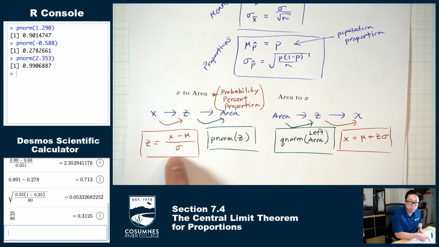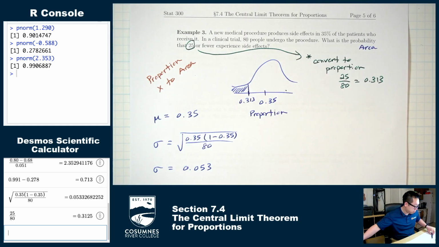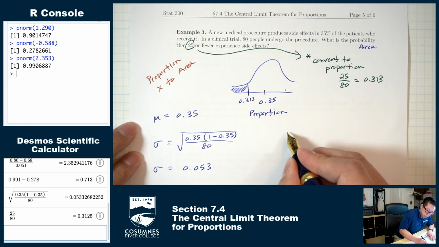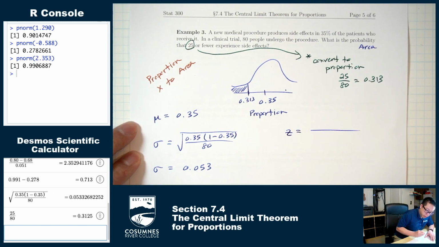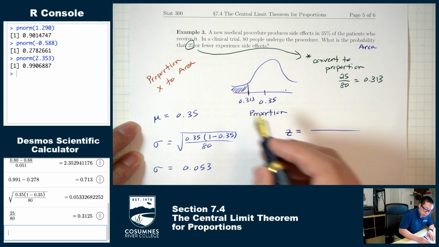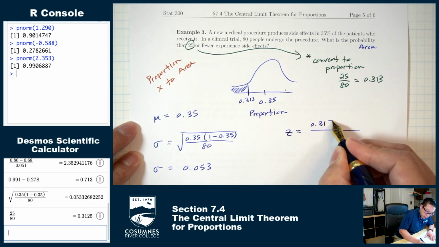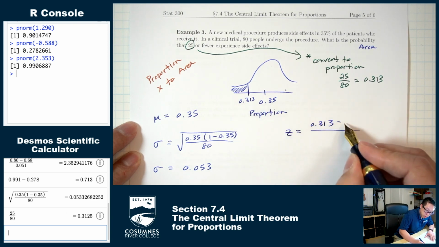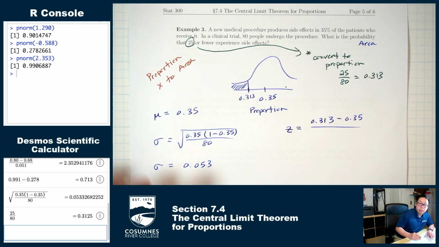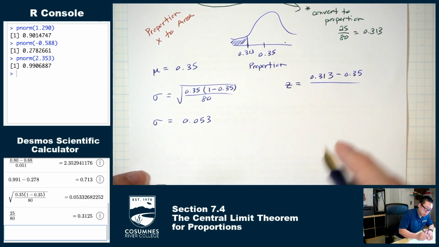X to area, first step would be z-score, and then p-norm. So z-score: x minus the mean, where x is 0.313, minus the mean, 0.35, divided by the standard deviation, 0.053.